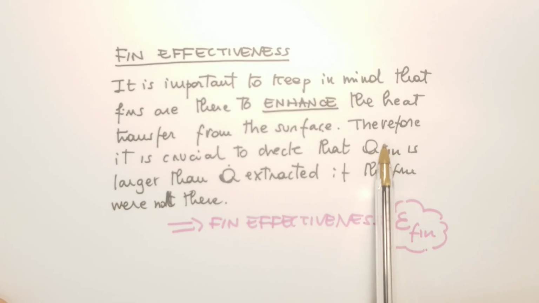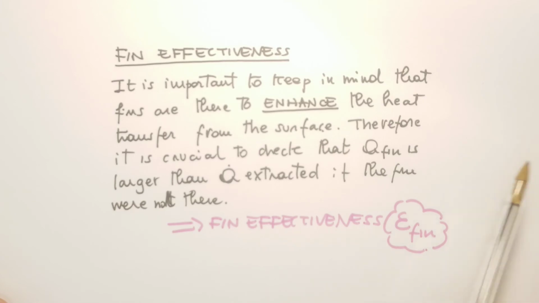So it's important to check that the Q fin that we actually extract from the surface when the fin is present is larger than the heat extracted from the base if the fin were not there. So we call this fin effectiveness, and it is denoted by epsilon fin.